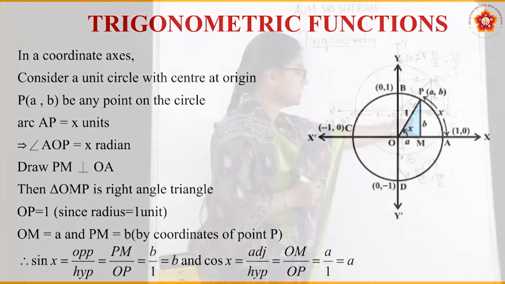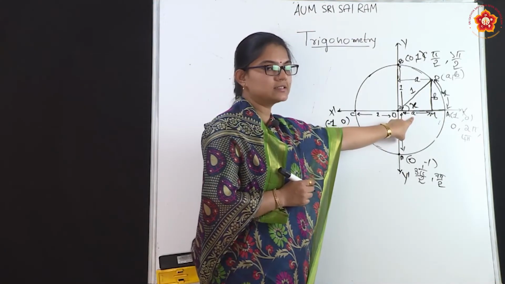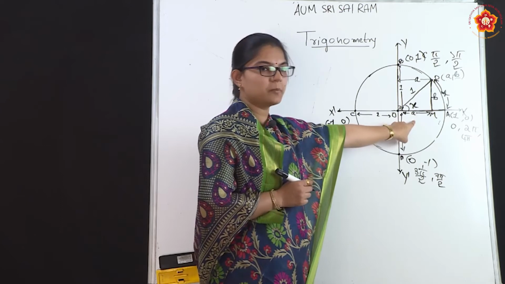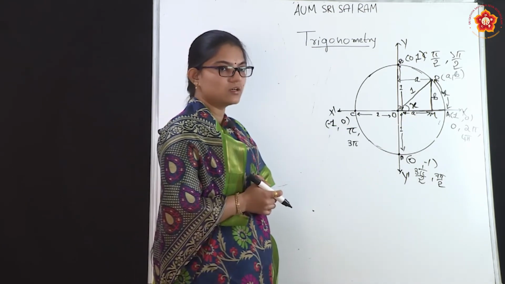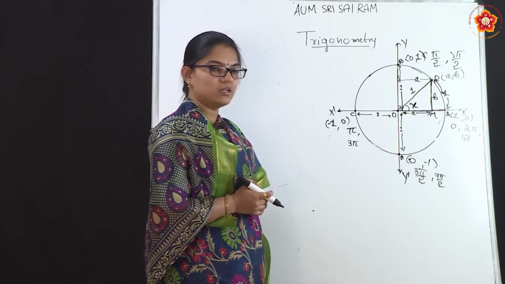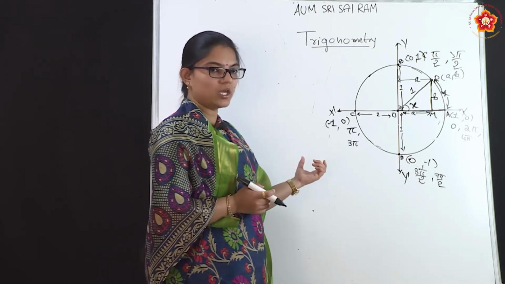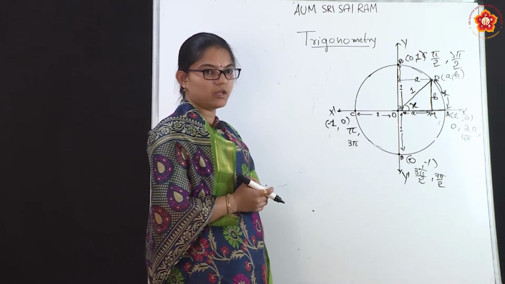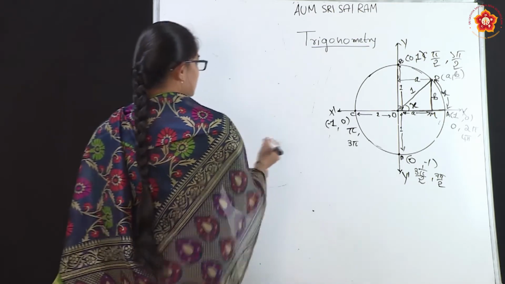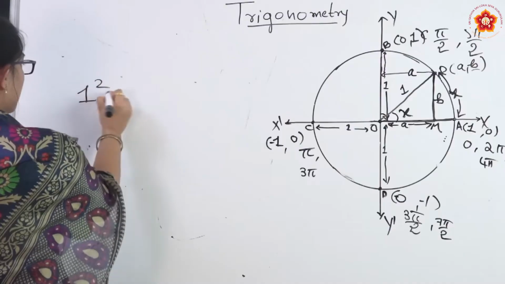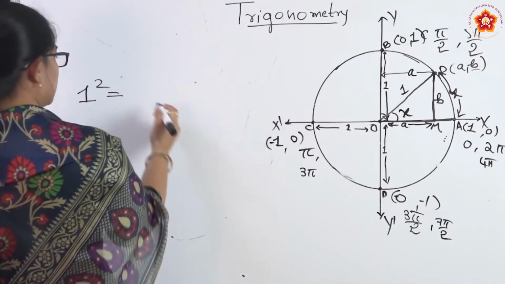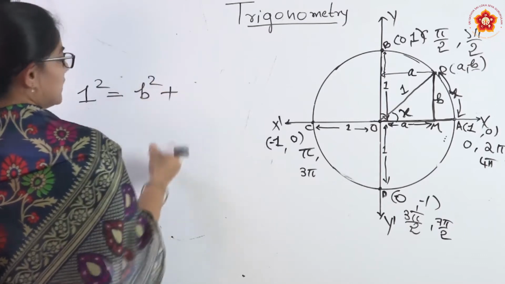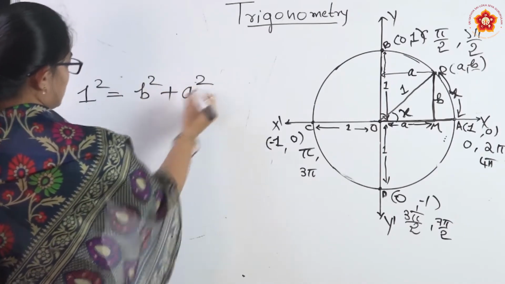Now we can see this is a right angle triangle, so we can use the Pythagoras theorem, right? That is what your Pythagoras theorem says: hypotenuse square is equal to adjacent side square plus opposite side square, right? So hypotenuse square, that is 1 square, is equal to opposite square, that is b square, plus adjacent square, that is a square, correct?